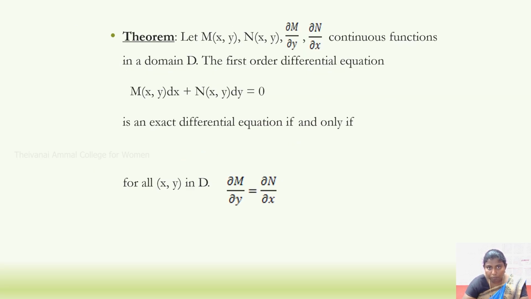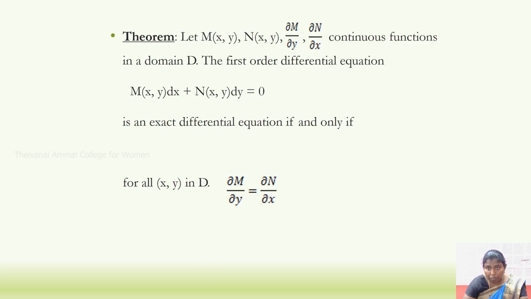The first theorem: let m of x comma y, n of x comma y, dou m by dou y, and dou n by dou x be continuous functions in a domain. The first order differential equation m of x comma y dx plus n of x comma y dy is equal to 0 is an exact differential equation if and only if, for all x comma y in D, dou m divided by dou y is equal to dou n divided by dou x.